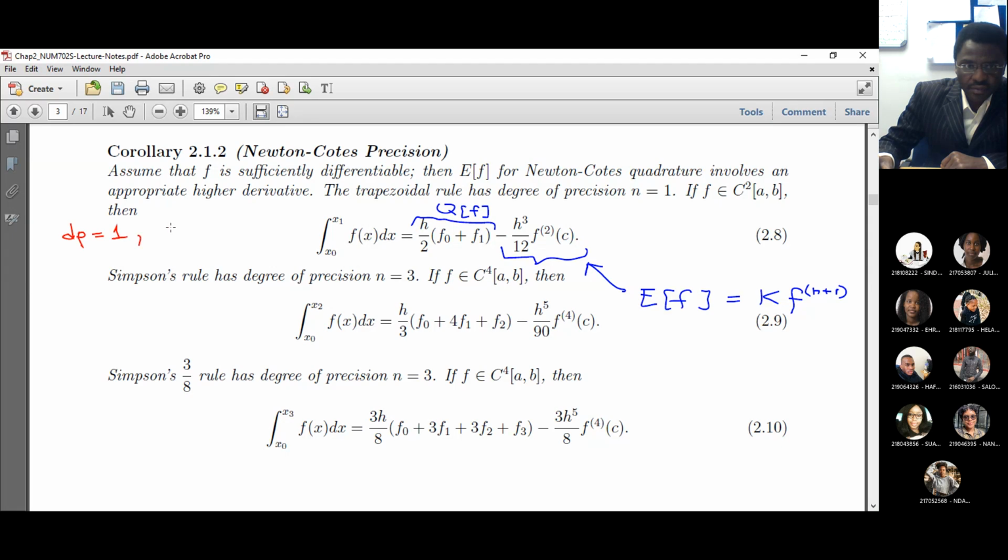Degree of precision 1, function evaluations 2: you have F0, F1.